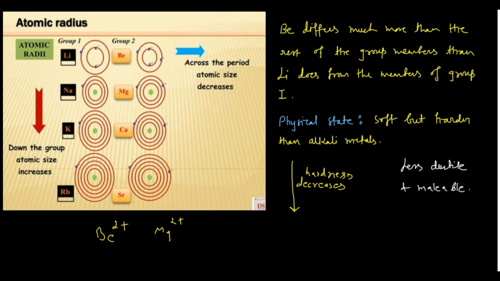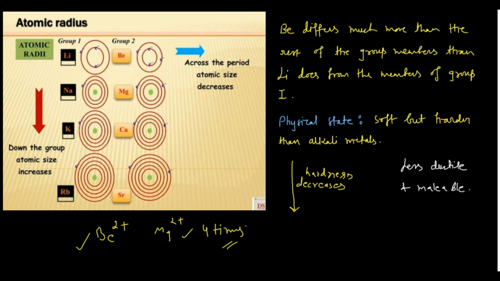So basically this magnesium is 4 times greater in size than the beryllium. That means it is extremely small. While this difference is, see here, 4 times, this much of difference in size is not there in case of lithium and sodium. That's why your beryllium significantly differs from the rest of the members of the group.